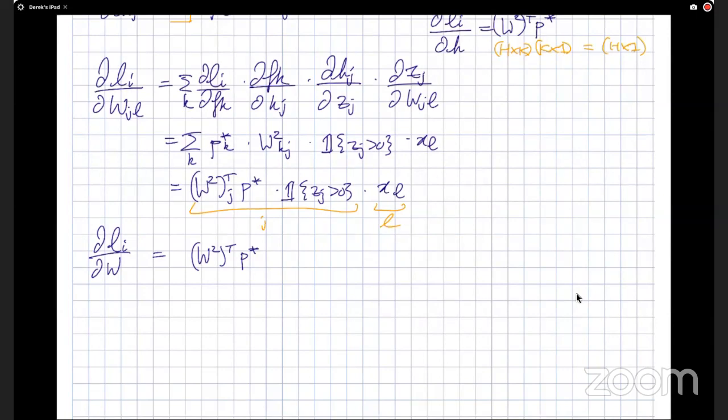Oh, wait. Z plus is actually just the positive part of Z, so this is not that nice. I shouldn't write it as Z plus. That would be confusing.